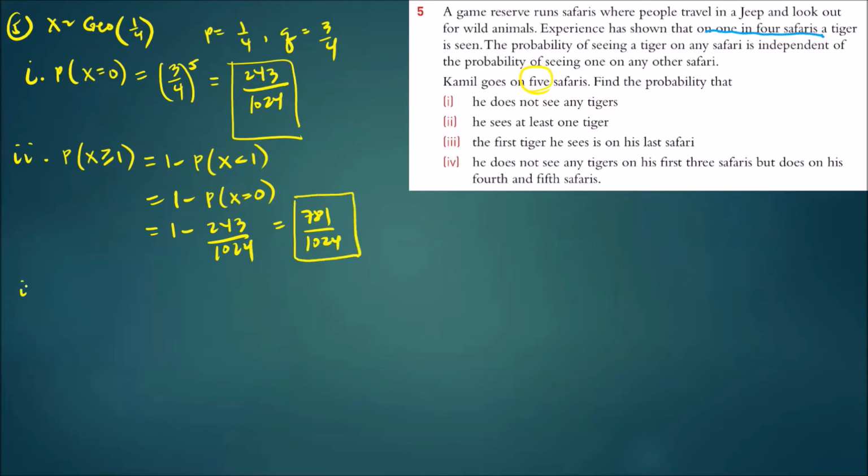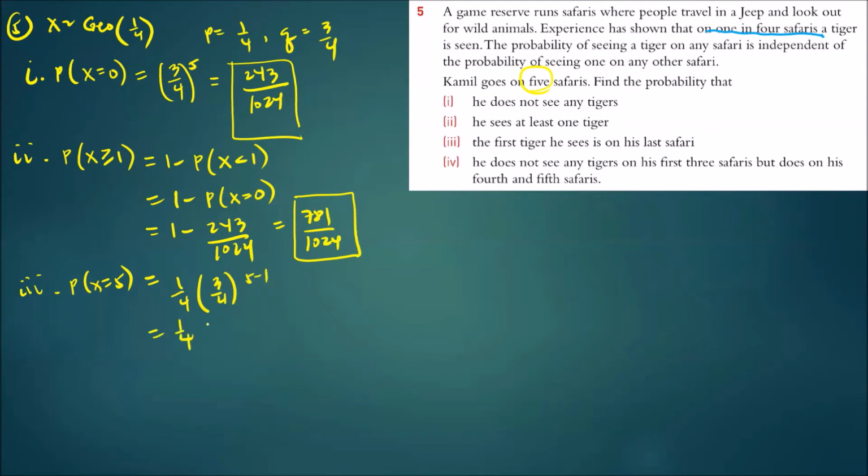Let's go to III. The first tiger he sees is on his last safari. So it's going to be at the last safari, so that would be X is equal to 5. That is his last safari, right? So we have here 1/4 multiplied by (3/4) raised to 5 minus 1.